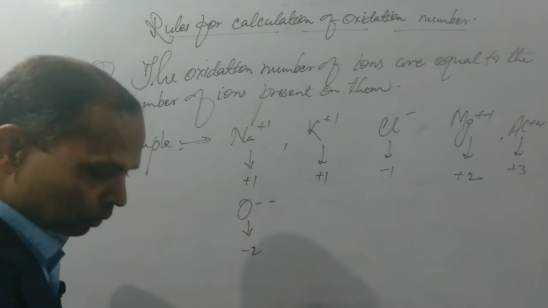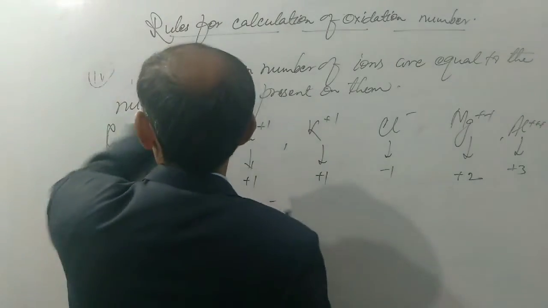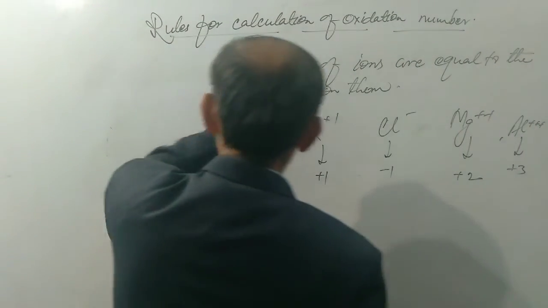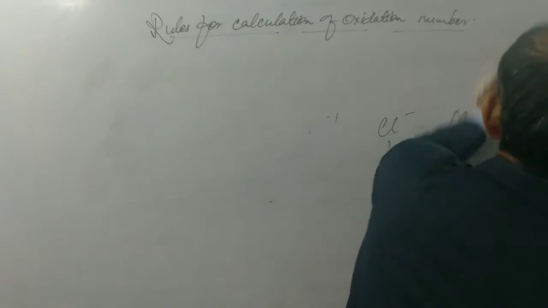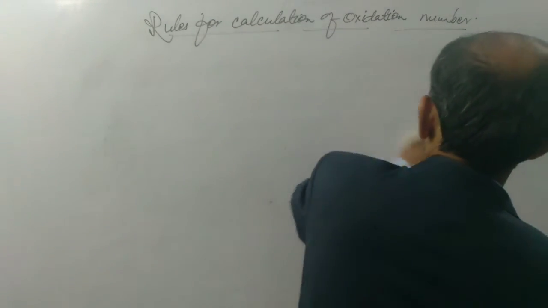So the fifth rule tells us the sum of the oxidation states of different elements in a molecule is found to be 0.